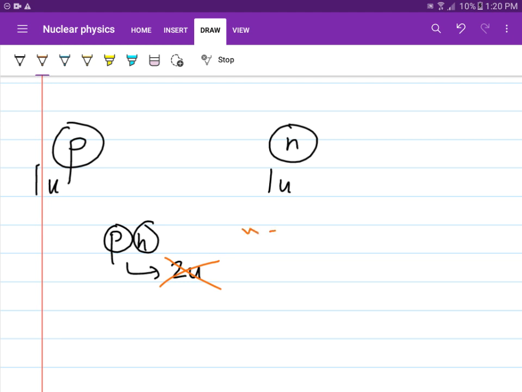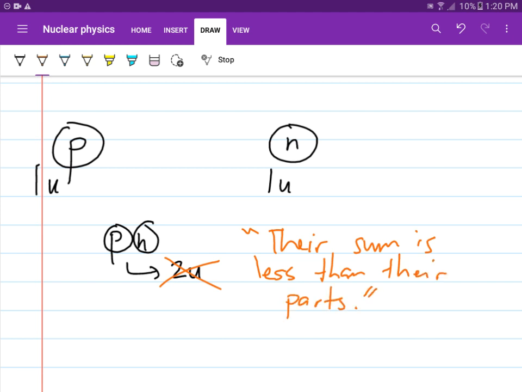In other words, their sum is less than their parts. So if you weigh this nucleus, it is less than 2 atomic mass units. So where did all the mass go, if we are to be consistent with conservation of mass?